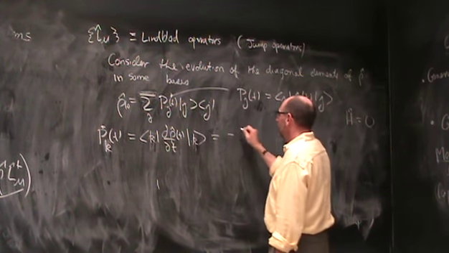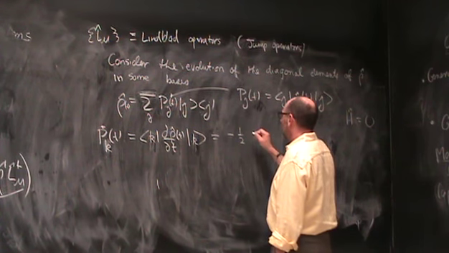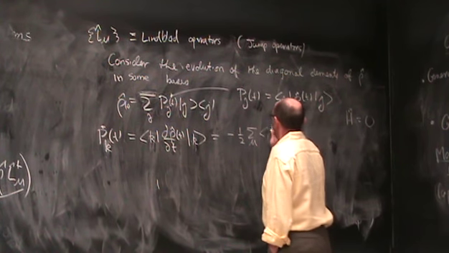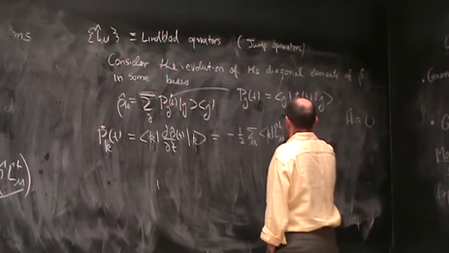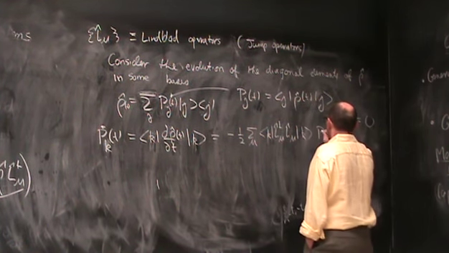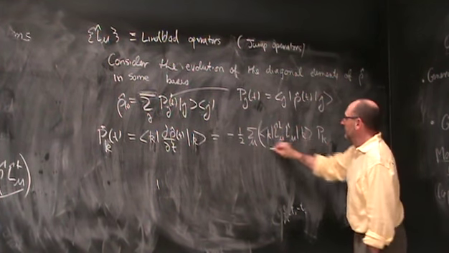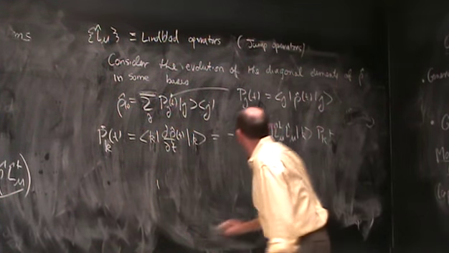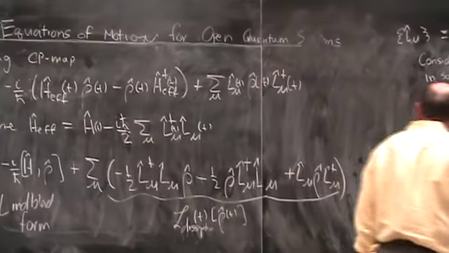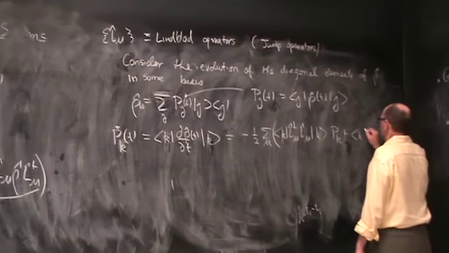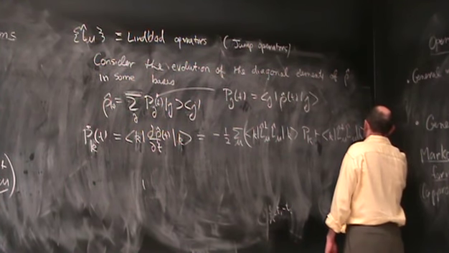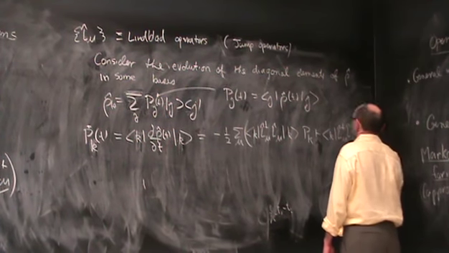So I'm going to get minus a half sum over mu, k L mu dagger L mu k pk, plus, now I hit it from this side, again, it's diagonal, so I get k L mu dagger L mu k pk. We get two of those terms, they're the same.